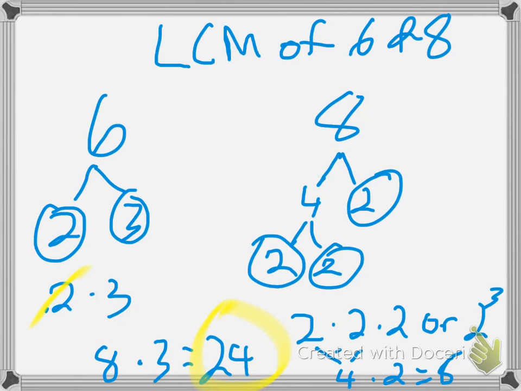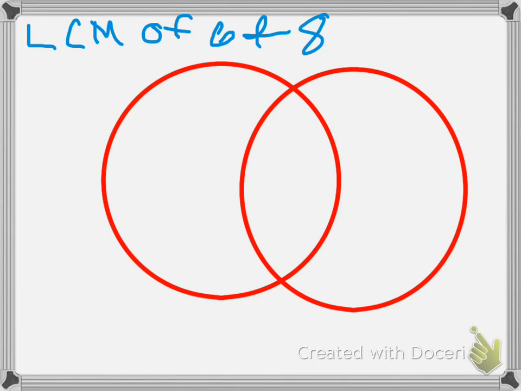Now a third way to find the least common multiple of both 6 and 8 would be by using a Venn diagram. And we've practiced these before. So let's say the left side's my multiples of 6, right side's my multiples of 8.